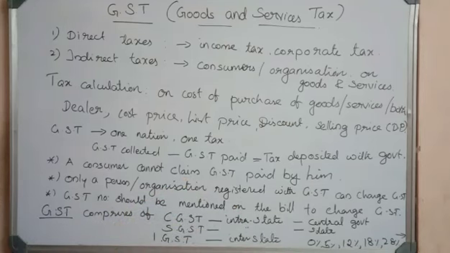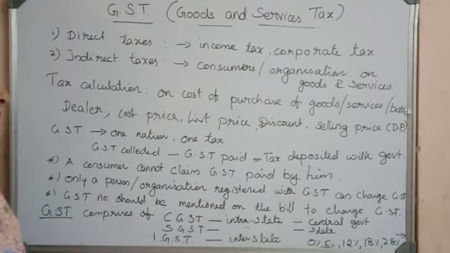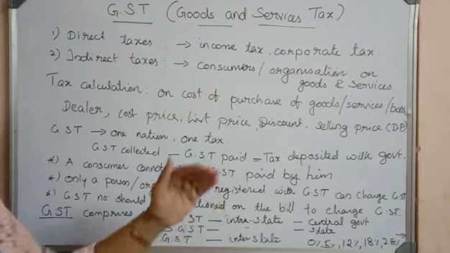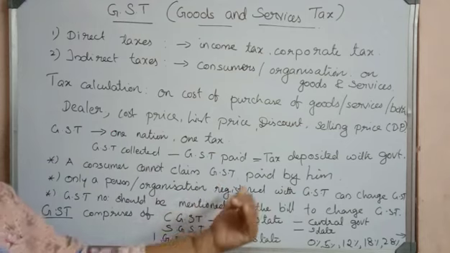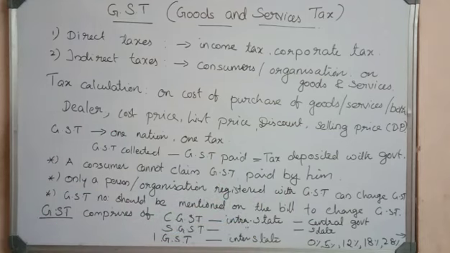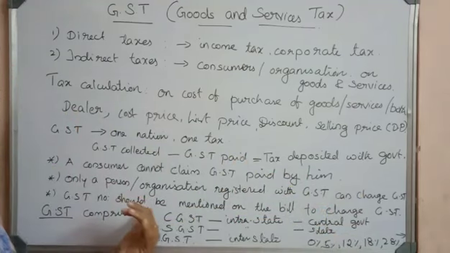A person or organization registered with GST can charge GST. Whenever we charge GST, that person or organization should be registered with GST, and the GST number should be mentioned on the bill.